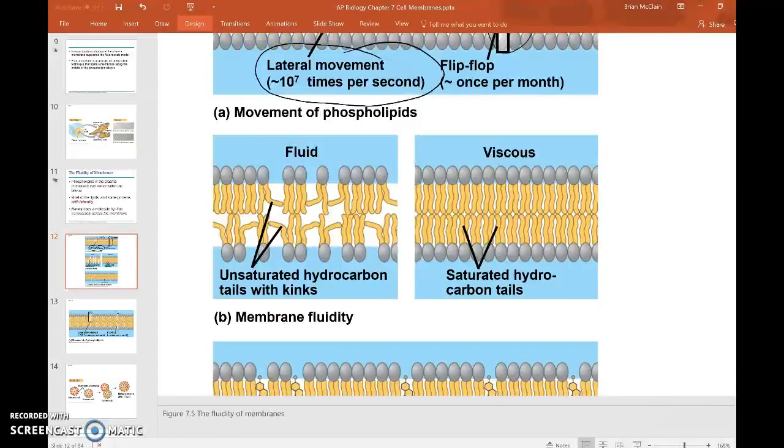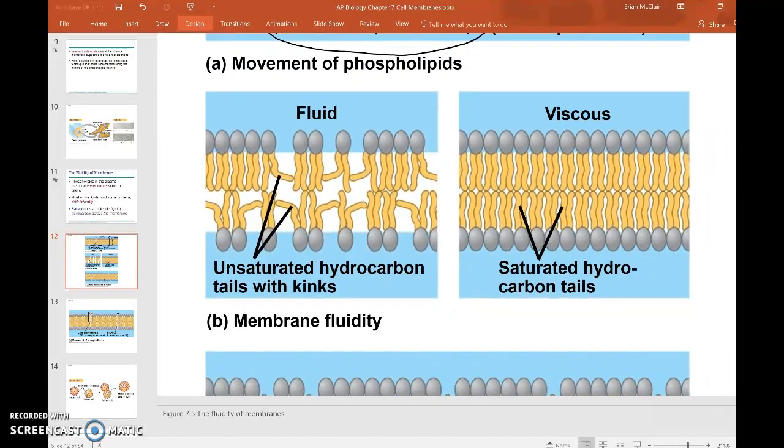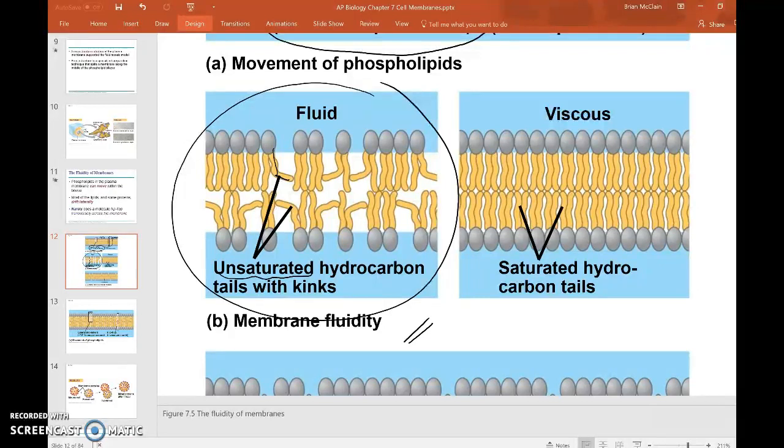Another really important thing on this particular slide is the phospholipid composition. If you look at this image on the left, you're going to notice that these are unsaturated. When you have unsaturated, that should immediately tell you that you're going to have double bonds.